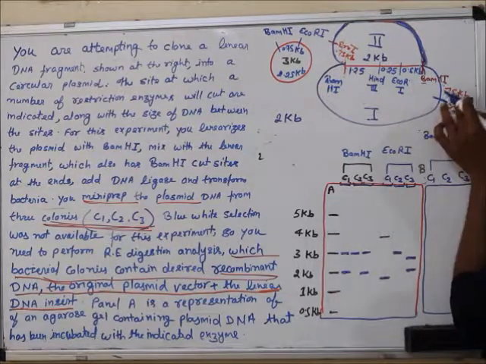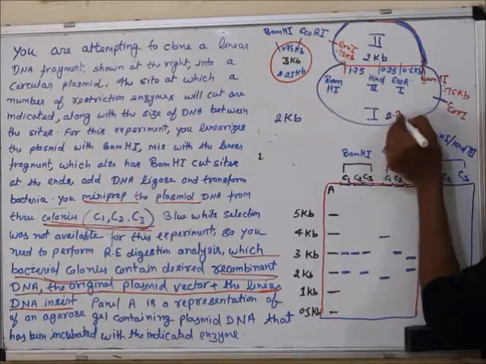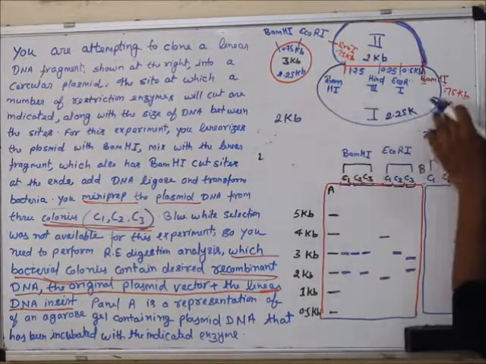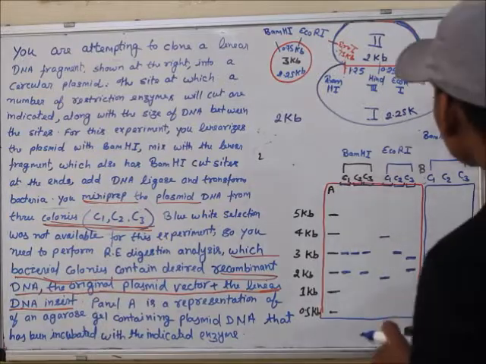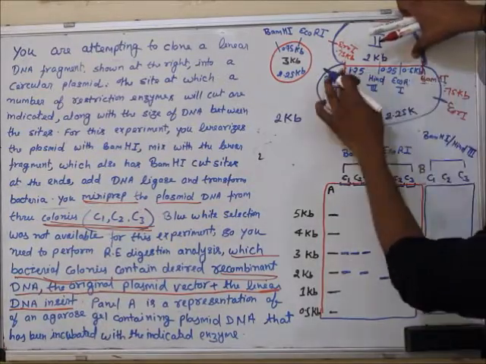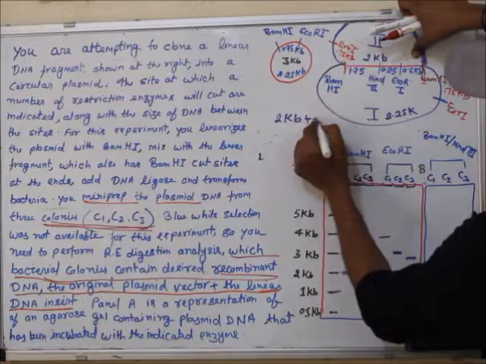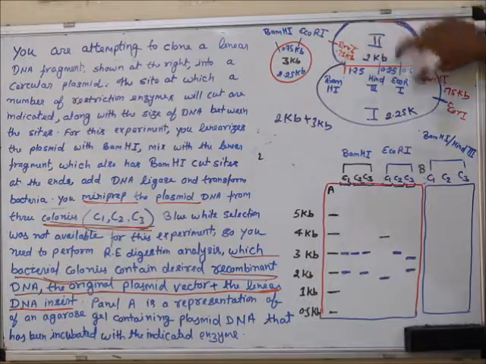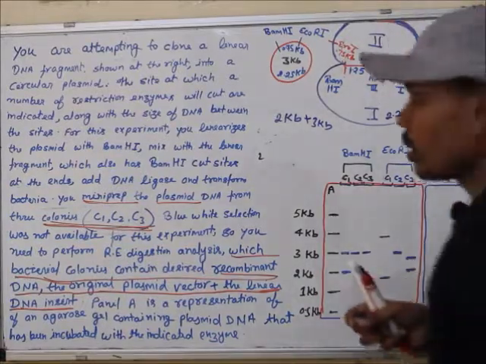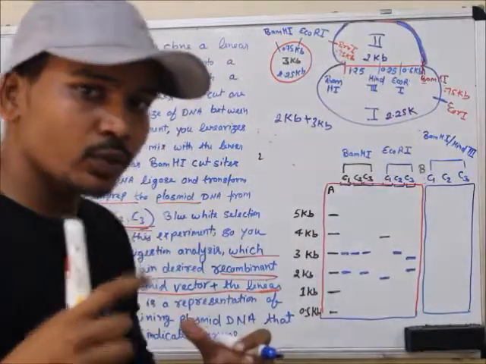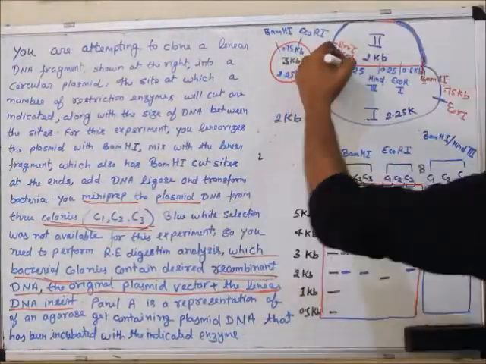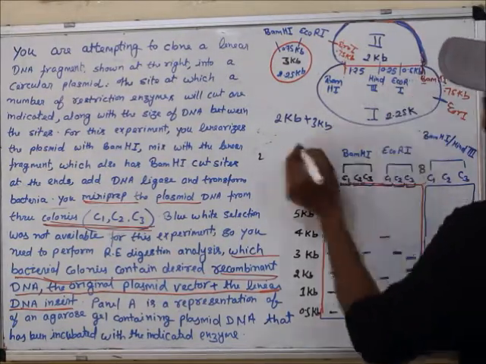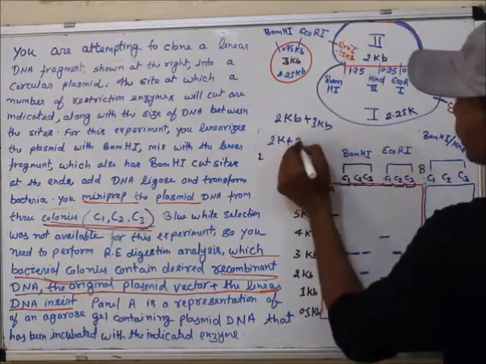The remaining, that is 0.75, and 2.25 kb from here to here. So BamHI digest gives 2 kb plus 3 kb, because 3 kb in the first orientation. The second orientation result would be the same, because BamHI first is on the two sides, here and here. So that is also 2 kb plus 3 kb fragments.